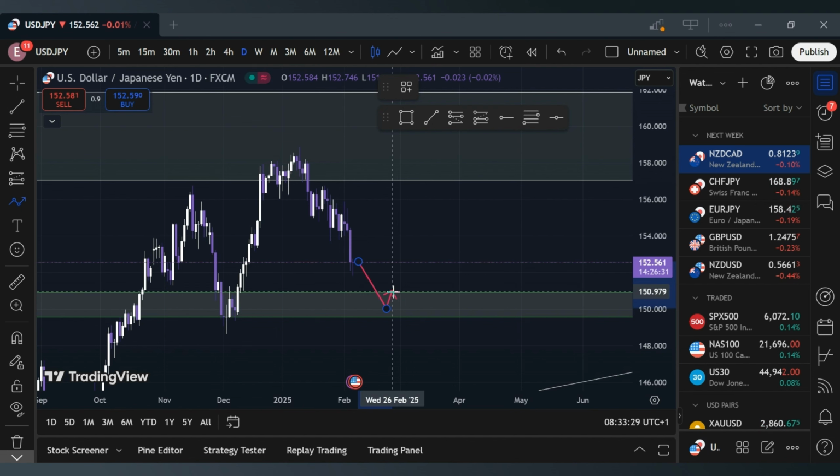So once we pull back into this point, we then wait to see what the market tells us.